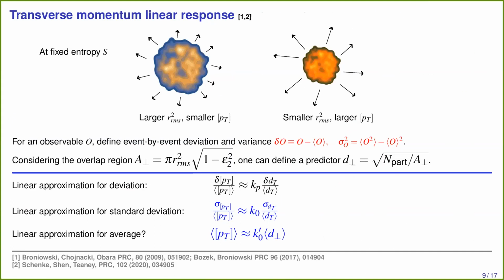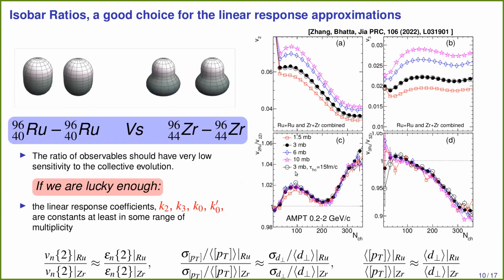So we have this kind of linear relation. Now, why are isobar ratios good? Because we are colliding two ions with the same mass, so we expect more or less the same collective evolution, apart from the overall geometry. It should be the same, no?